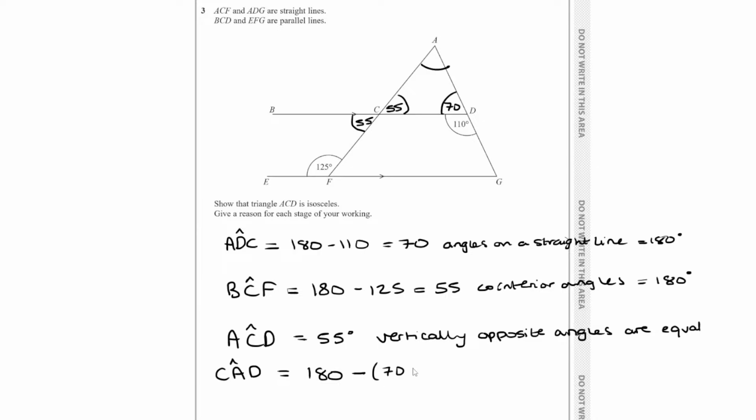So I would do 70 plus 55. And that actually does give us another 55, which is what we were hoping for. And you would just write there, angles in a triangle. And those ones add up to 180 as well, don't they?